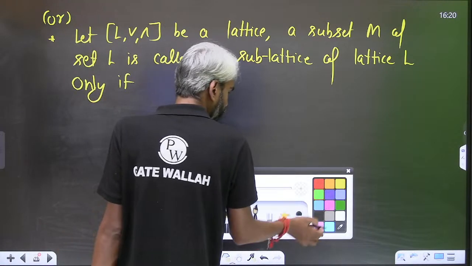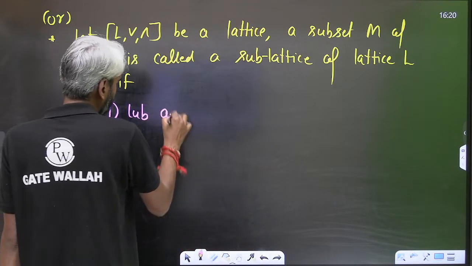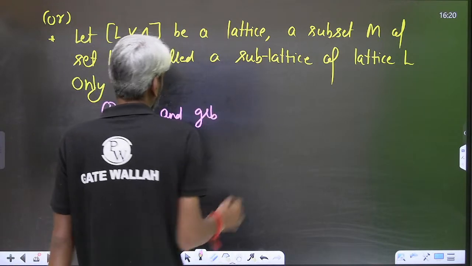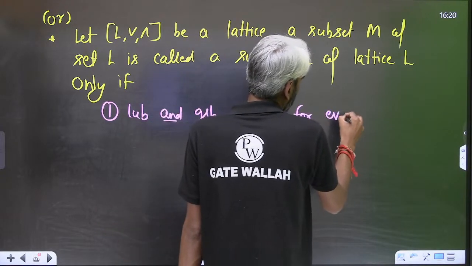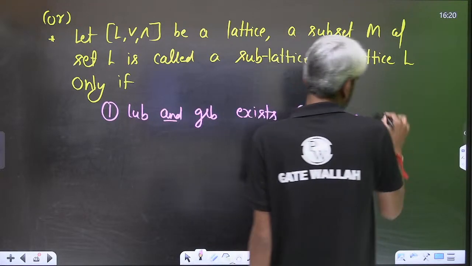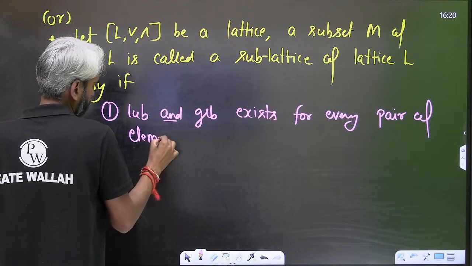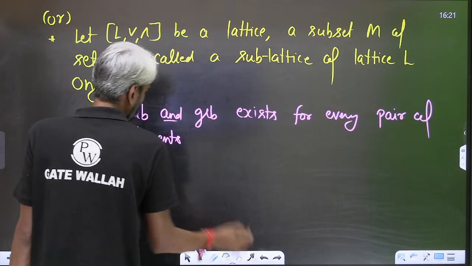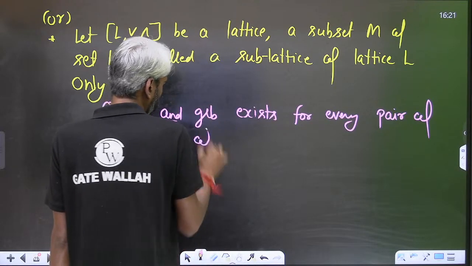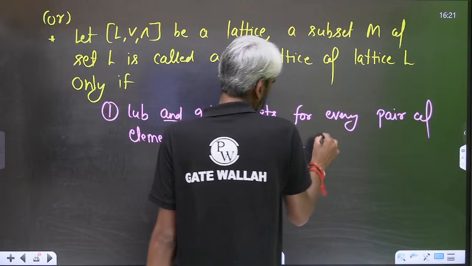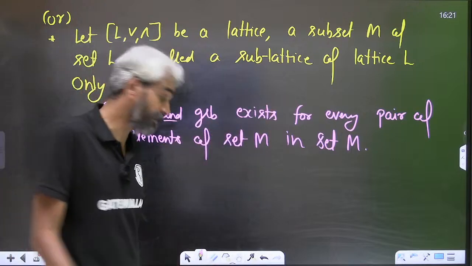First condition: this subset must be a lattice, only if the least upper bound and greatest lower bound exist for every pair of elements of set M, in set M. So for every pair of elements of set M, the least upper bound and greatest lower bound should also exist in set M. What does it mean?